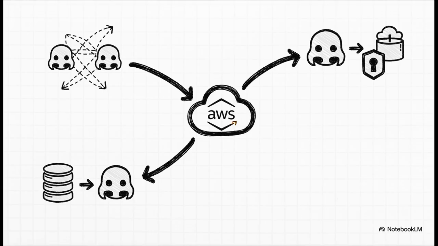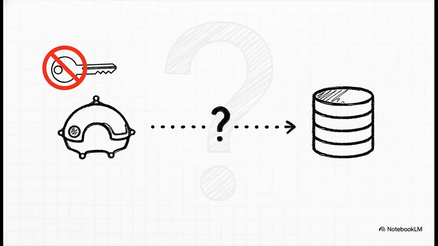For instance, the VPC CNI gives your pods real IP addresses in your network, which makes networking so much simpler. The EBS CSI driver lets your apps use AWS's persistent block storage. And the pod identity agent, well, that one solves a huge security challenge by giving your apps secure access to other AWS services. Let's actually zoom in on that last one because it's a really common and super important task.